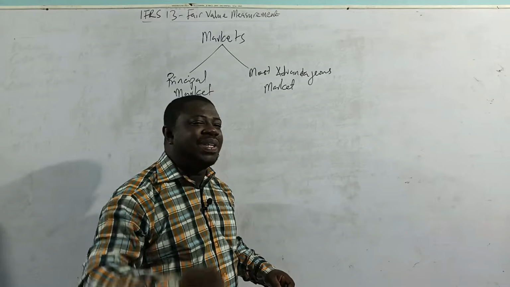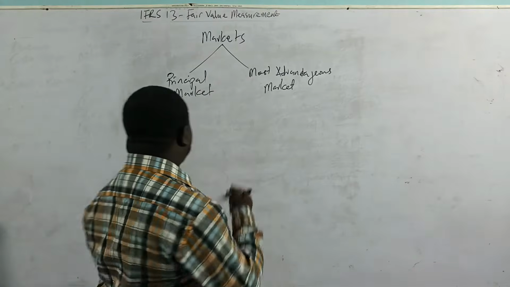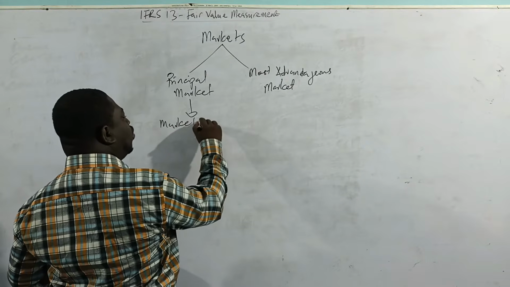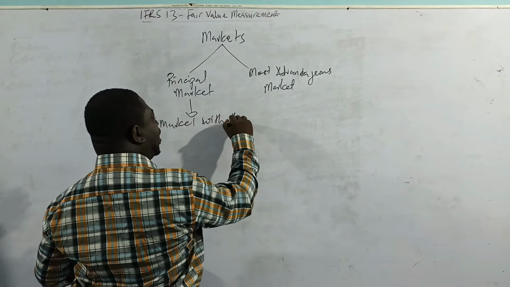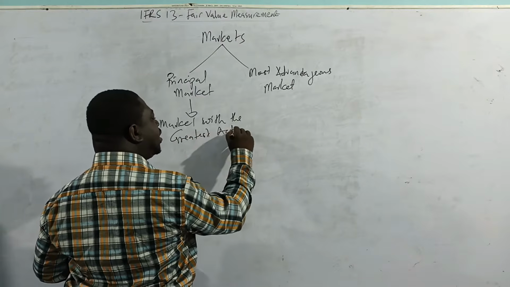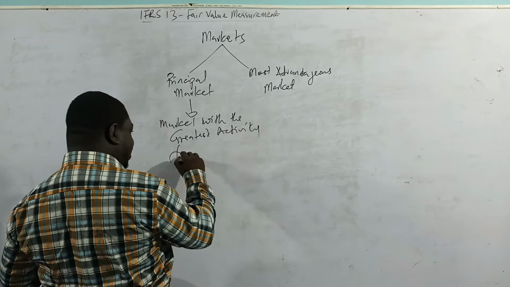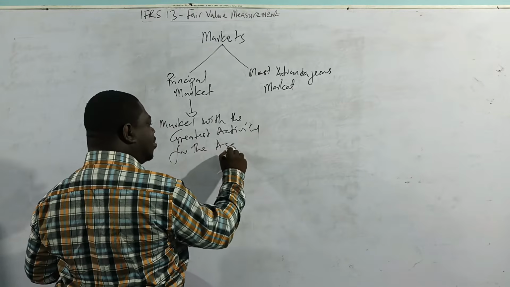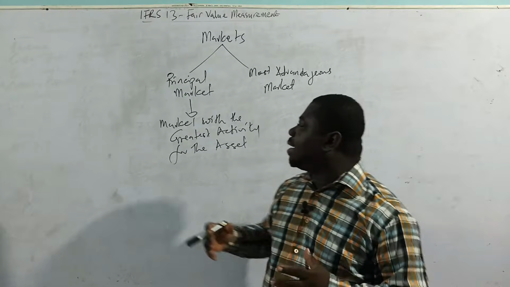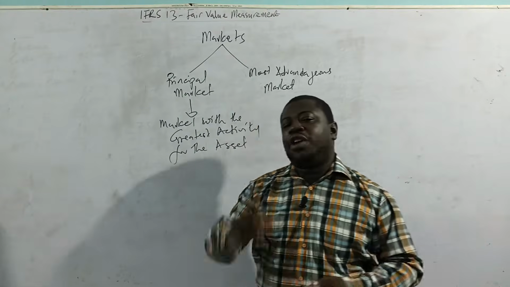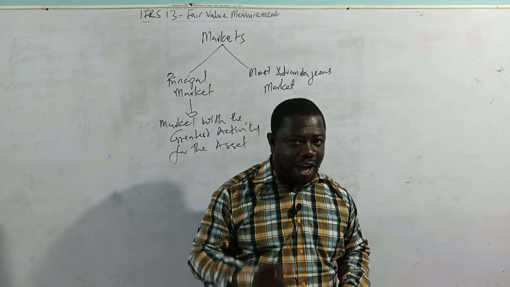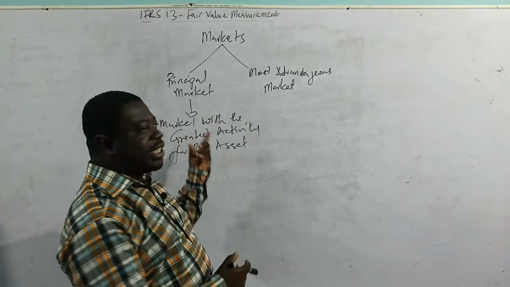It is the market with the greatest activity for the asset or liability. The market that has the greatest activity for that particular type of asset that you are going to measure at fair value is what we call the principal market.